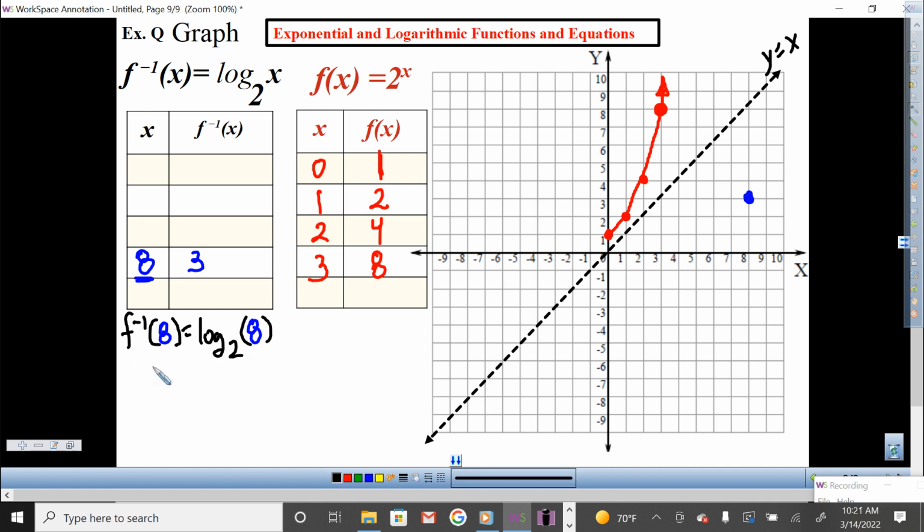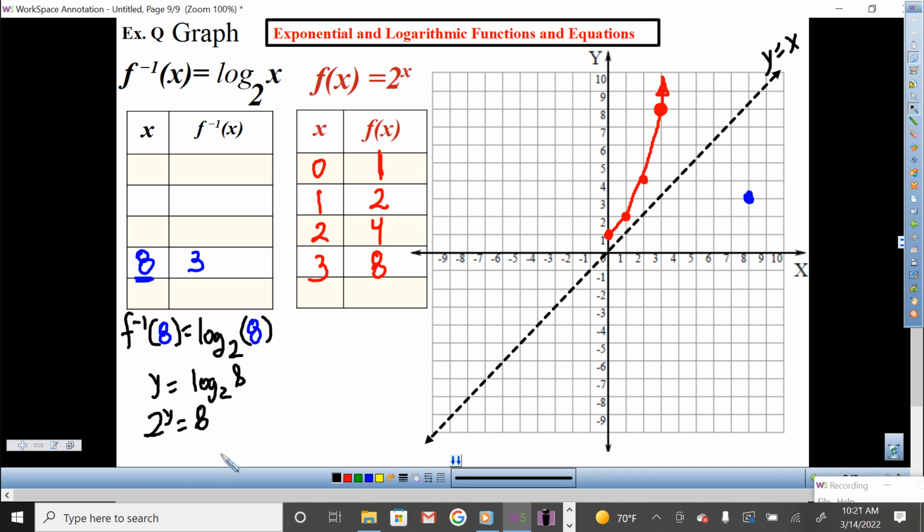What would be my next step? y equals log 2 of 8. Next step. 2 to the y. 2 to the y equals 8.